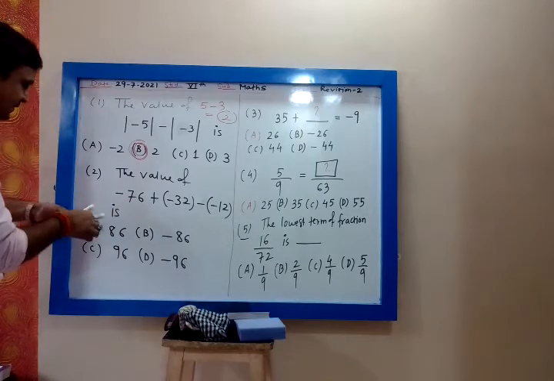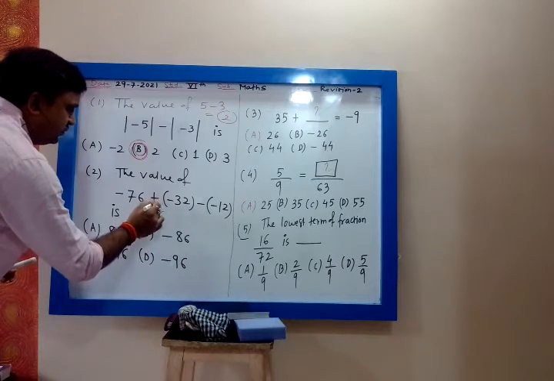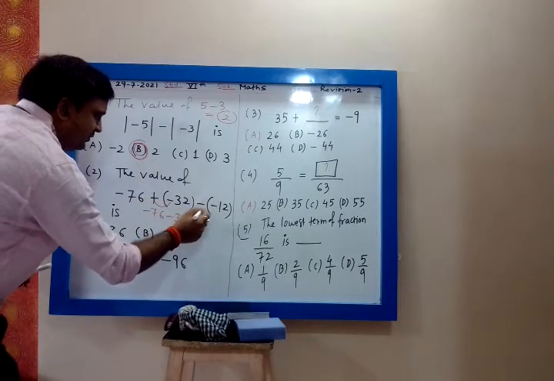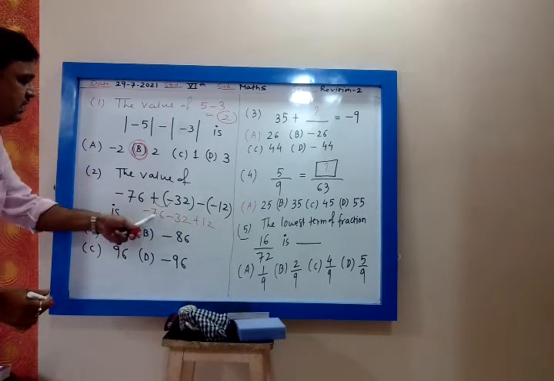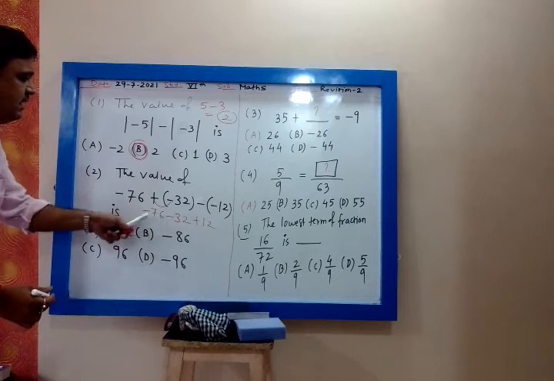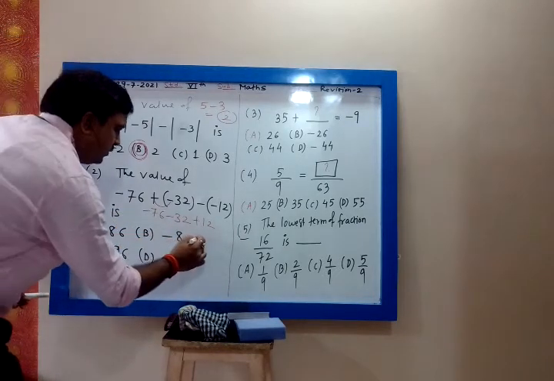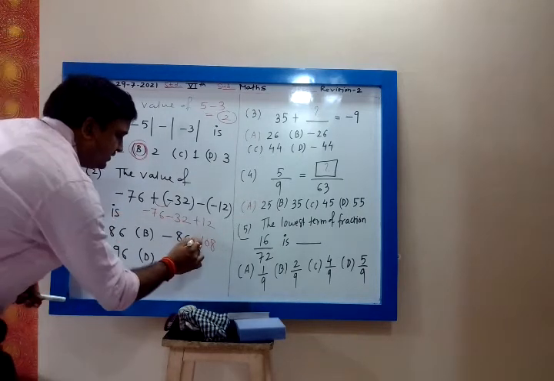Minus 76. Then plus into minus will be minus 32, and minus into minus will be plus. Now minus 76 and minus 32 have the same sign, so you have to add the numbers and take the common sign. 76 plus 32 is 108. Common sign minus.